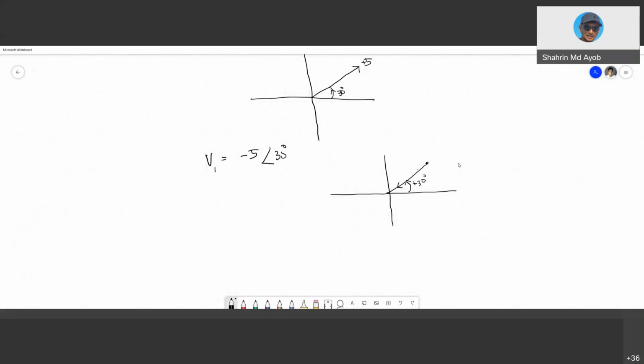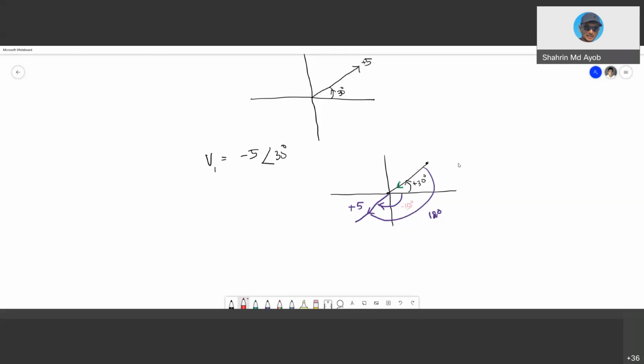Okay, so if you have negative 5, 30 degrees, the arrow is going into the origin. Or, because I want to make this arrow go out, I can draw it like this. Then this one becomes positive 5. My angle right now, because we know this total is 180 degrees, is negative 150 degrees.